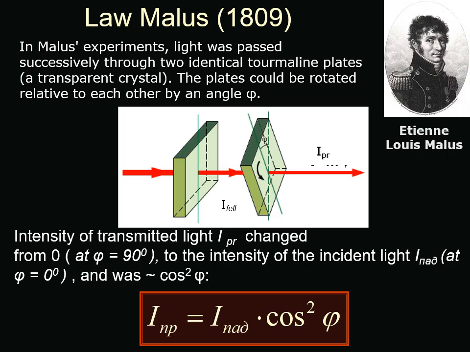You can observe a decrease in the intensity of polarized light, because the intensity of polarized light is determined by the angle between the plane of polarization of this light and the axis of the crystal in particular.